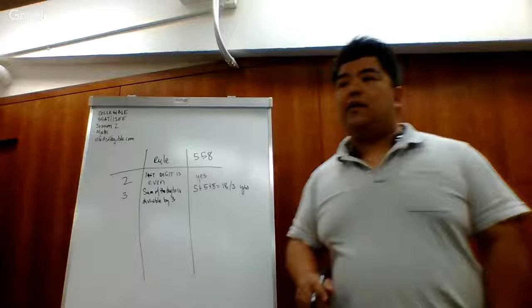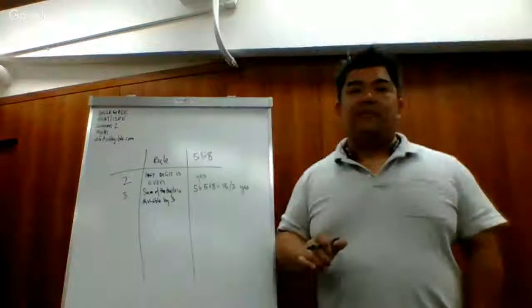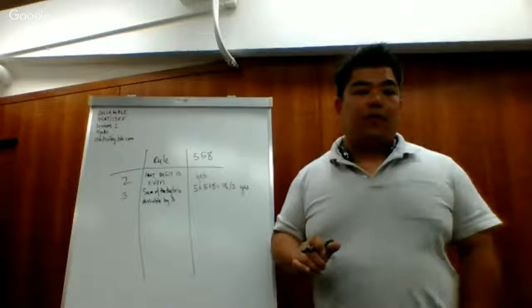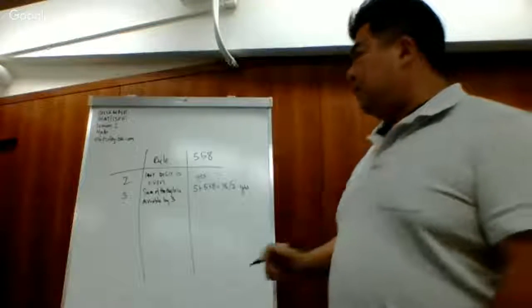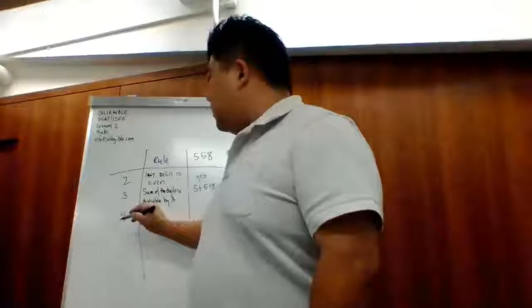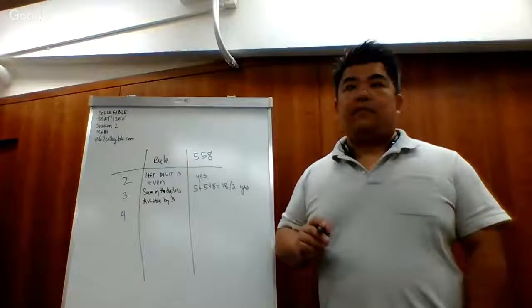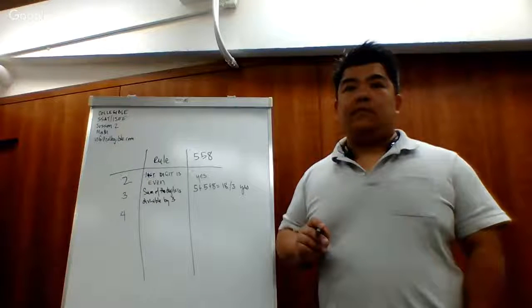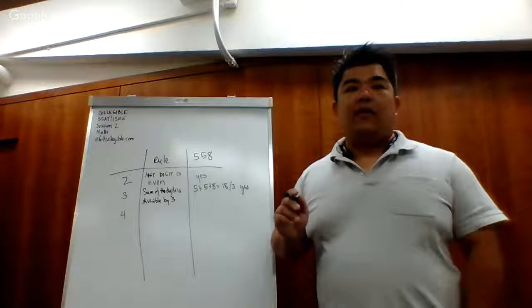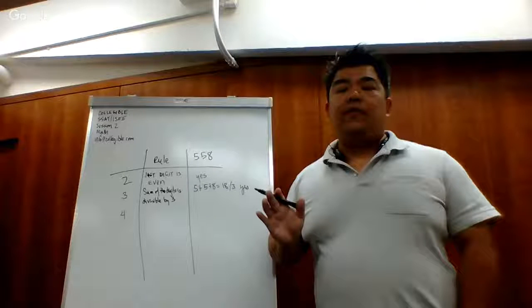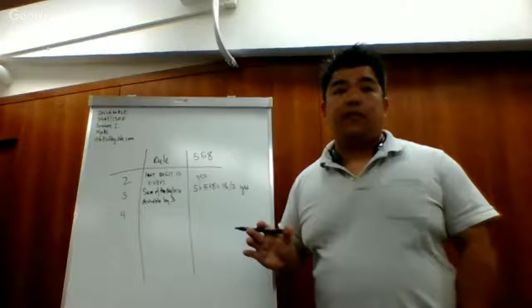Good job. So I'm glad you guys know the rule. That's awesome. What about the rule for 4? Does anybody know the rule for 4? Anyone? Okay. The rule for 4 is that the last 2 digits represent a number that is divisible by 4.